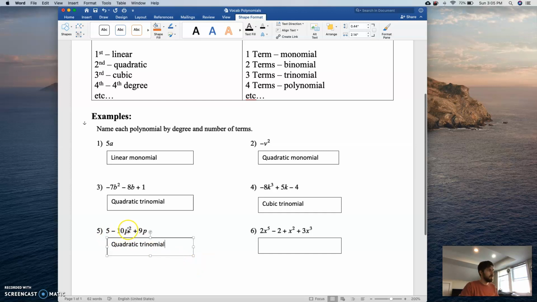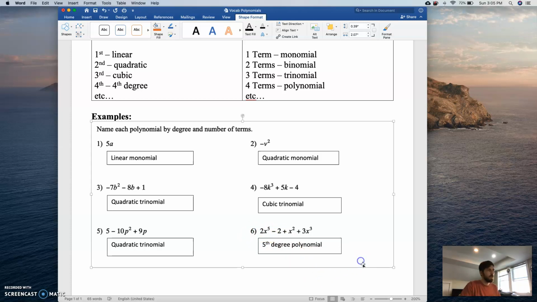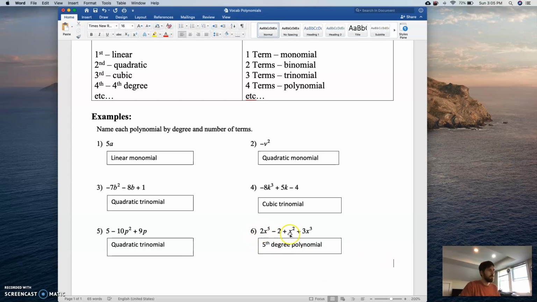Even though the highest power isn't the first term, it doesn't really matter because the highest power is that squared. So that's still quadratic, and there are 3 terms. And we'll call this a fifth degree polynomial. So 5 is the biggest number, and there are 4 or more terms, so we're just going to call it a polynomial. You don't have to be more specific than that.